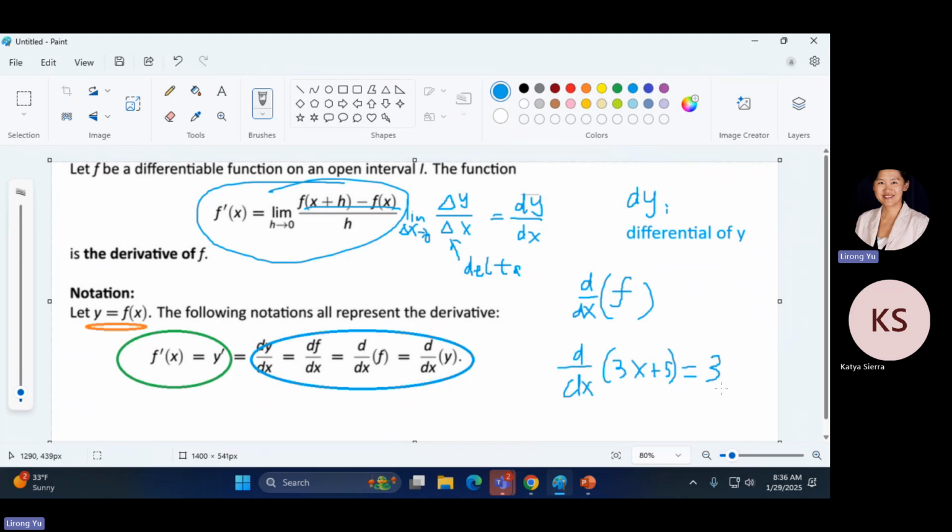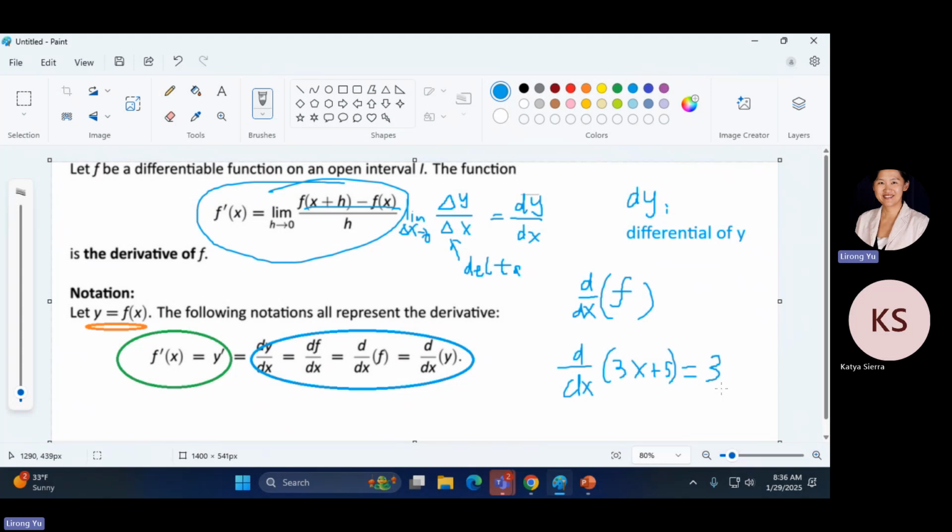So you have to write 2 lines of equation in order to express, hey, this is the original function, this is the derivative function. Now the d/dx notation allows us to put, we're trying to find derivative of this function, and we end up getting 3. So this representation has a single line representation pairing the original function and the derivative function in the same notation.